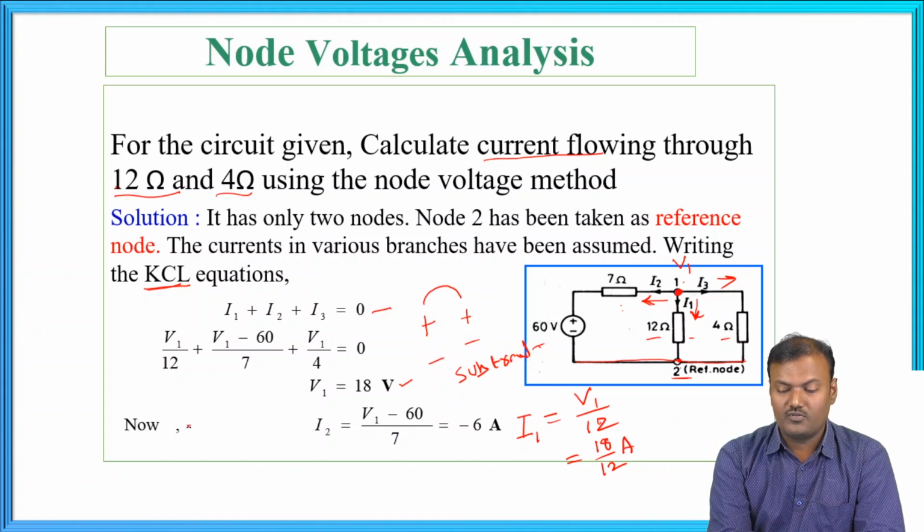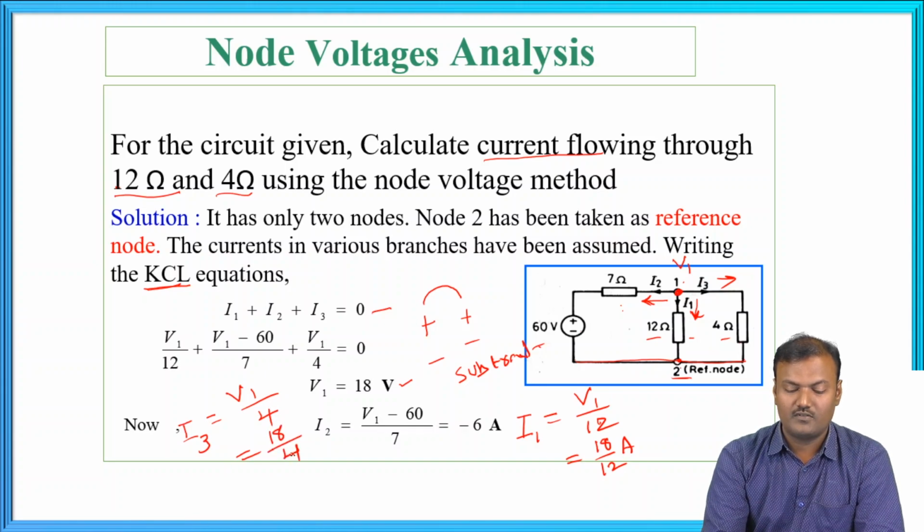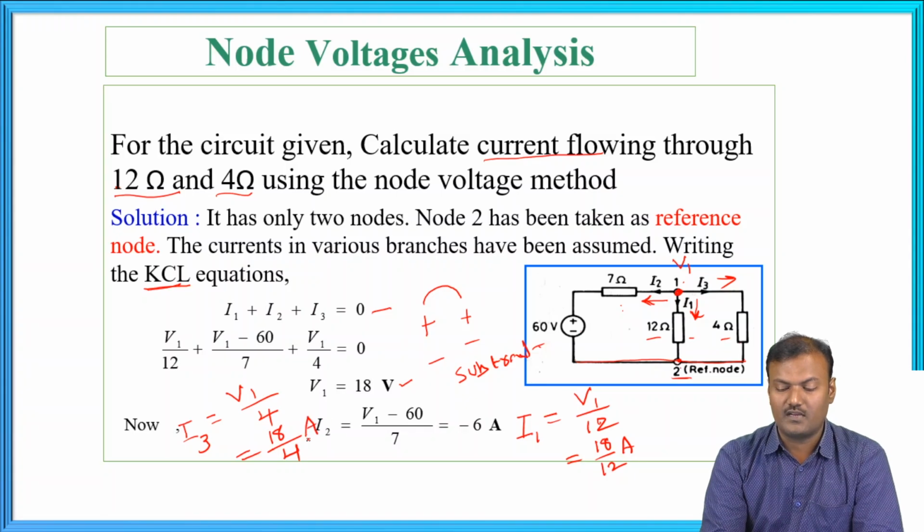And the current flowing through 4 ohms is assumed to be I3 here, that is V1 divided by 4. So V1 here is 18 volts divided by 4. So this is the other current.